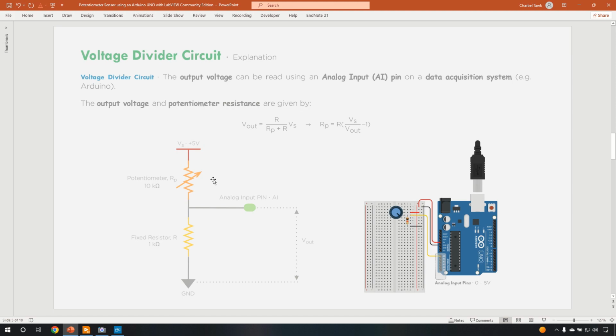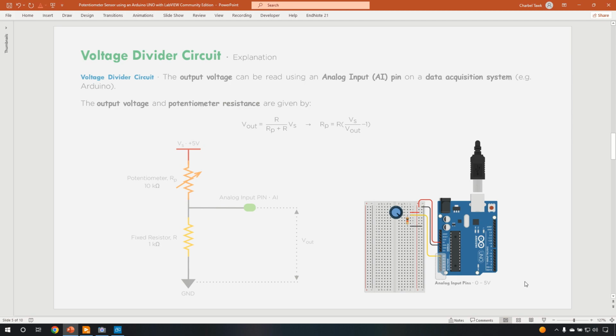So, as we said, the output of a potentiometer can be read using an analog input pin on the Arduino UNO. And usually, the Arduino UNO R3 has 6 analog pins. Here they are labeled from A0 to A5. And these analog pins can be used to acquire analog signals, which are continuous time domain signals, and specifically between 0 and 5 volts.